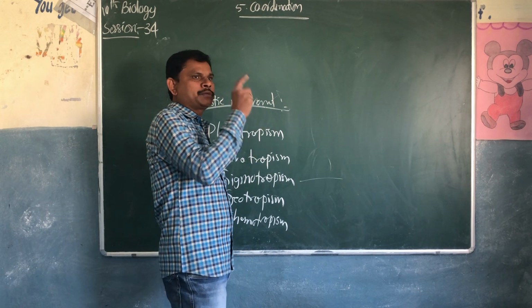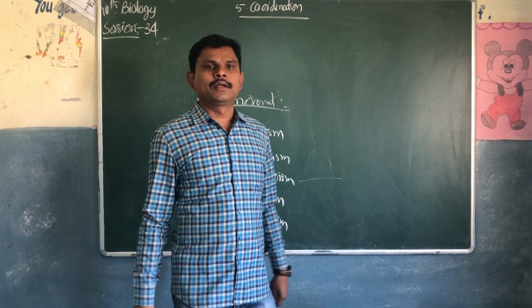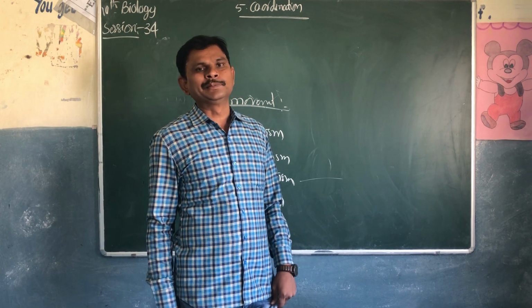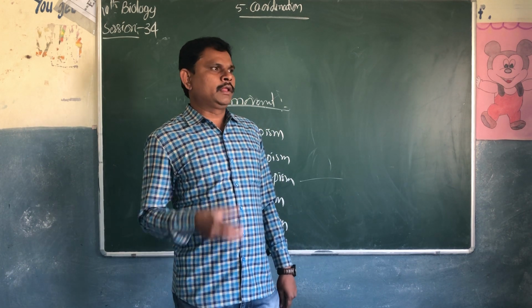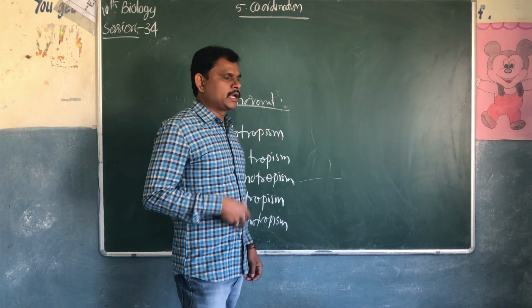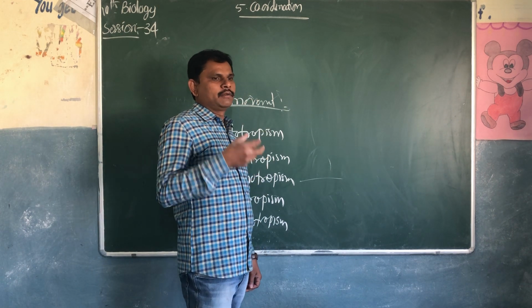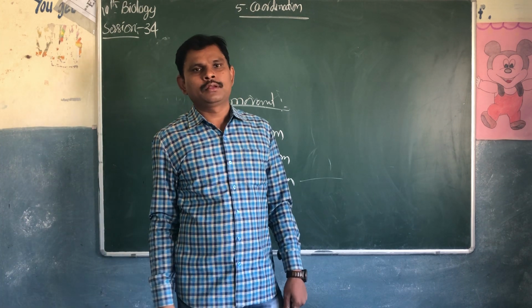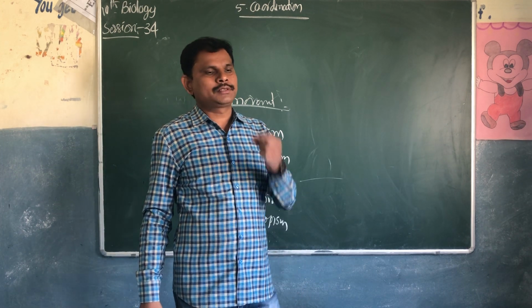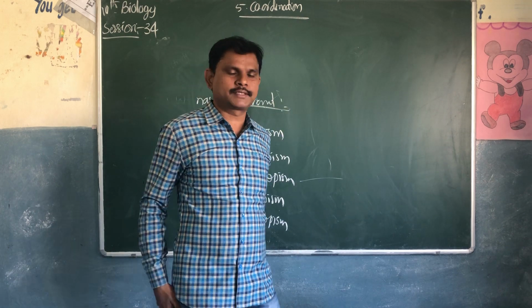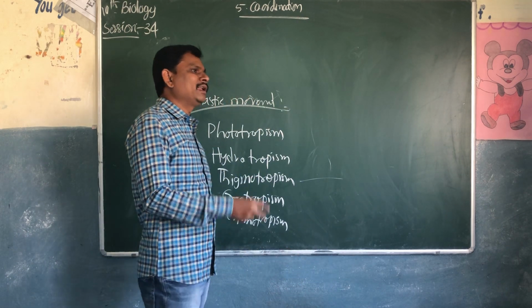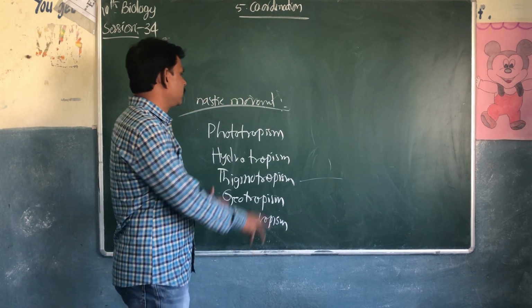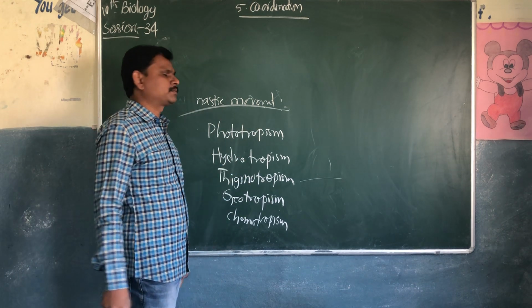For the pollination purpose, the flower starts releasing some chemicals, some honey. When honeybees cluster on the flower, they suck the juice from the plants. This honey is present in the flowers. So chemo is nothing but the releasing of chemicals in the plants. These are the different types of tropisms.